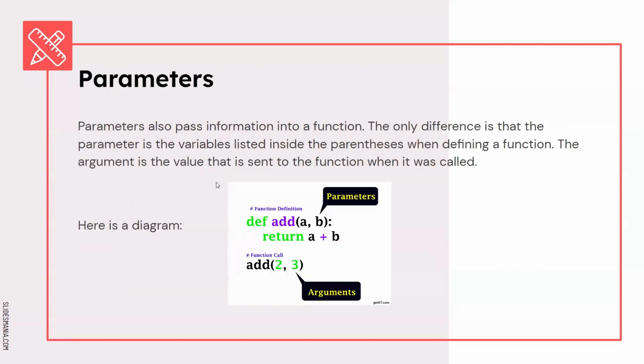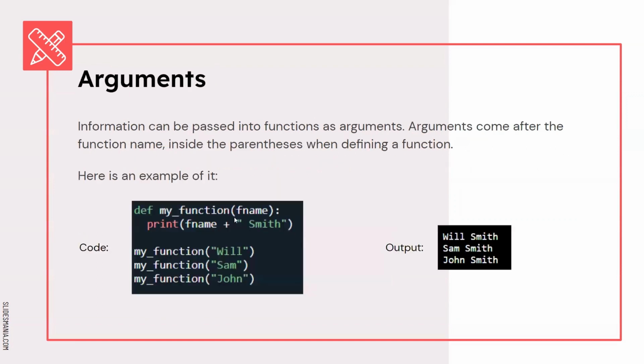And now parameters. Parameters are very frequently confused with arguments, and people think there's some difference between them, but it's literally the same thing. The only difference is that parameters are used when you're defining a function. So this would be the parameter right here, and then these would be the arguments.